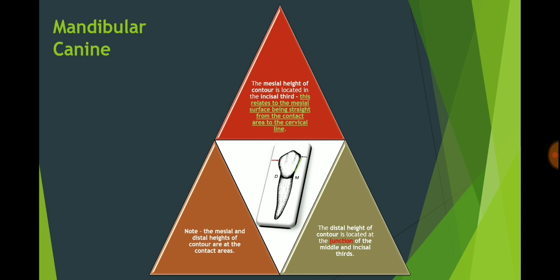The mesial height of contour of the mandibular canine is located at the incisor third, and this relates to the mesial surface being straighter from the contact area to the cervical line. And the distal height of contour is located at the junction of the middle and the incisor third. The mesial and the distal heights of contour are at the contact areas, just like any other teeth.